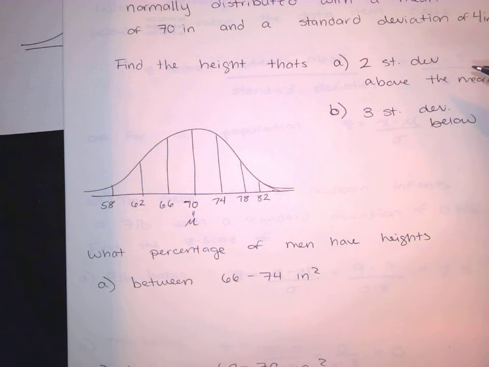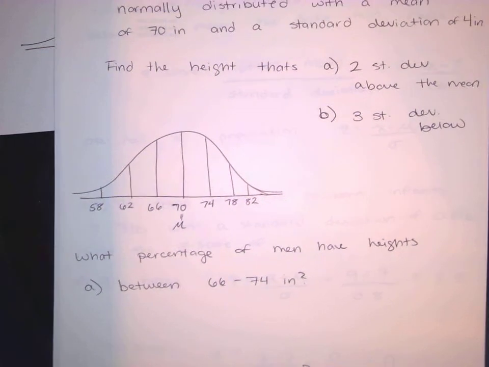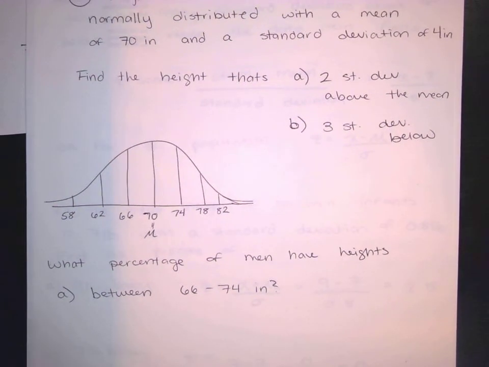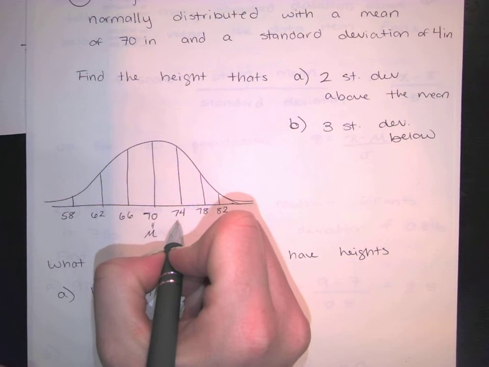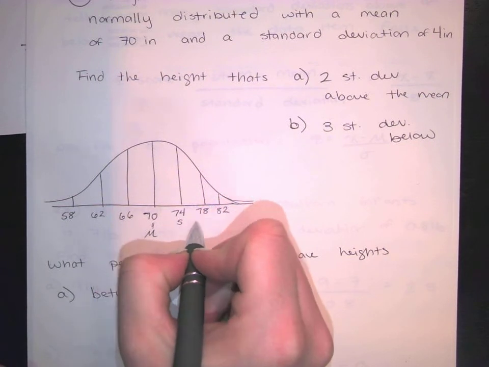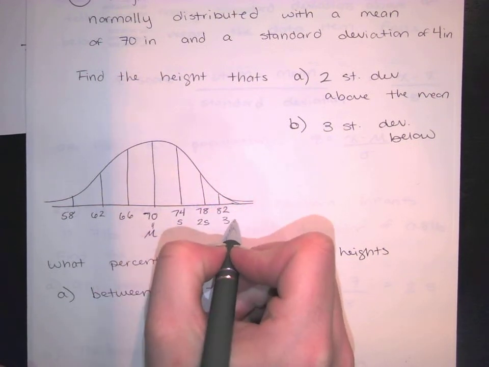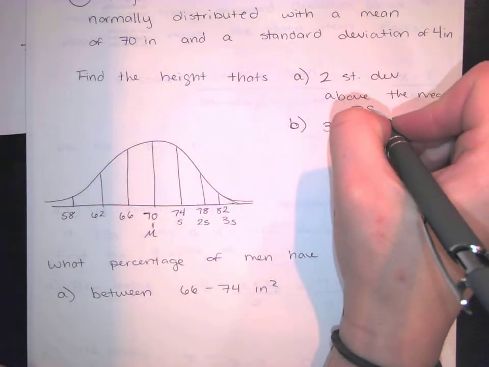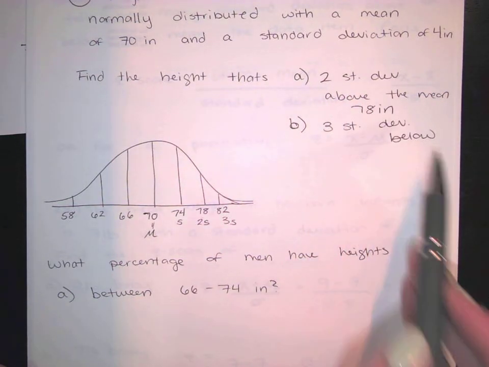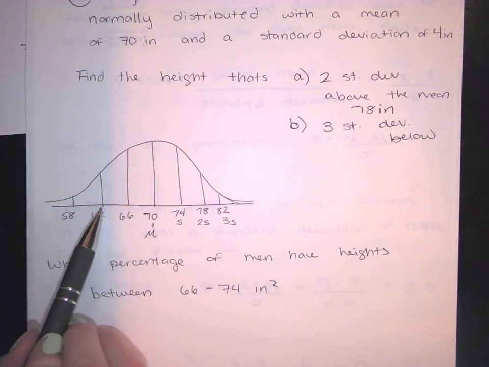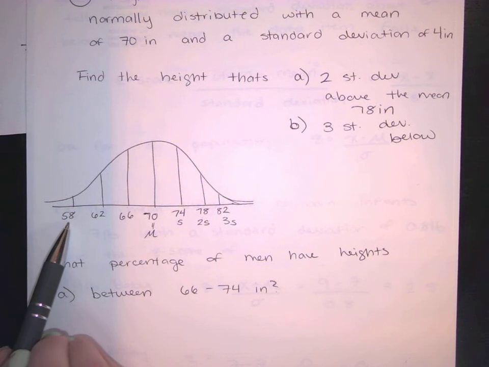Now we can answer the questions. What's the height of an individual that is 2 standard deviations above the mean? 2 standard deviations above the mean is 78 inches. And 3 standard deviations below the mean would be 1, 2, 3, 58 inches.